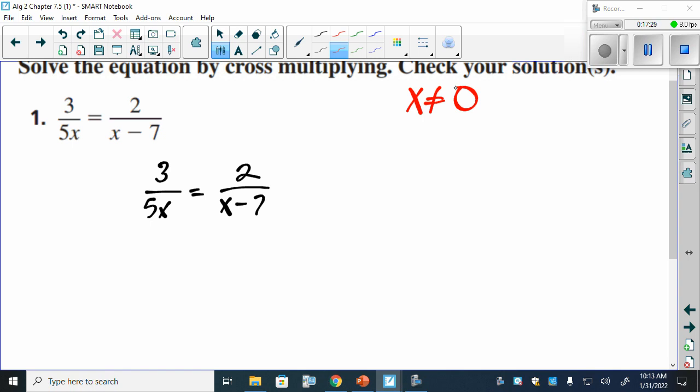Because we're really asking what times 5 is 0. Well, that would have to be 0. Now, when we look at x minus 7, what minus 7 would give us 0? Well, 7. So if we get a value of x that is either 0 or 7, we know that solution will not work.